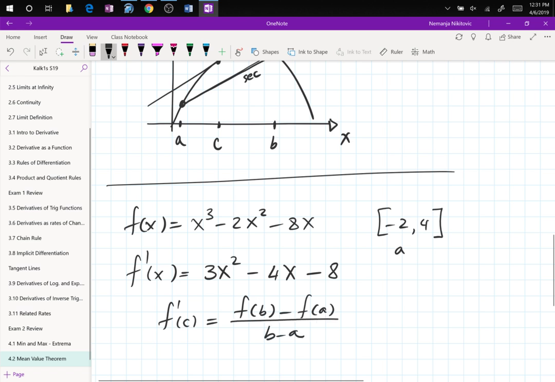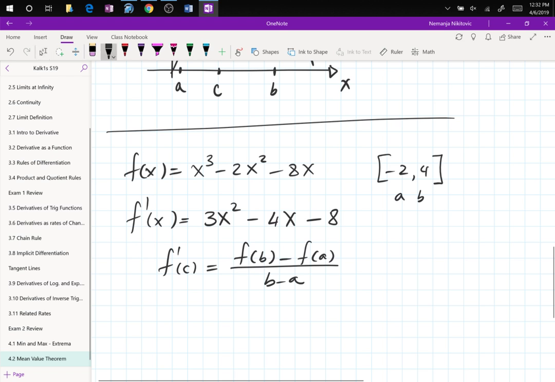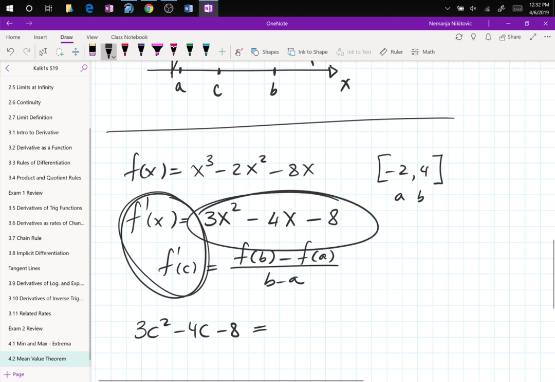You have your a and b over here. So just plug everything in. If f prime of x is 3x squared minus 4x minus 8, then f prime of c must be 3c squared minus 4c minus 8, right? Because the difference is x is c.